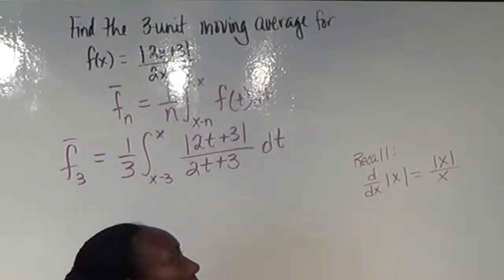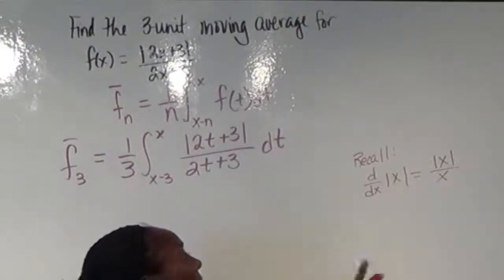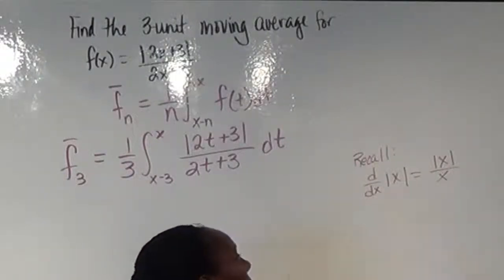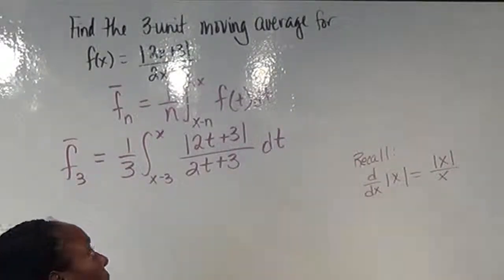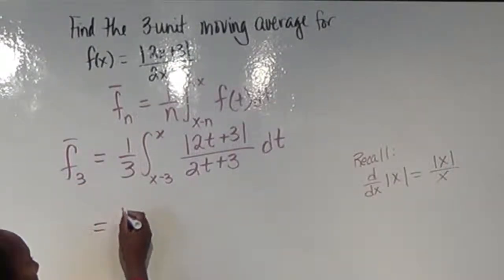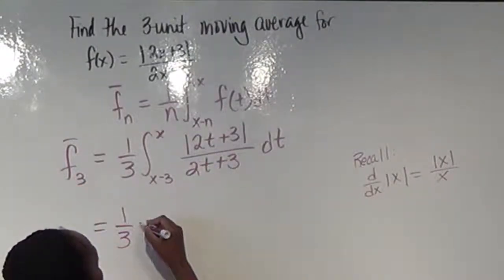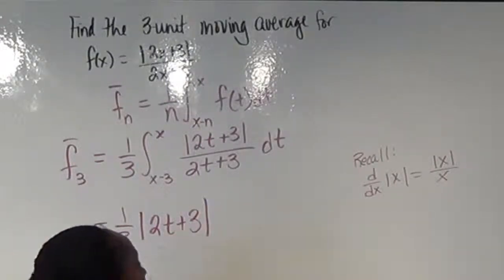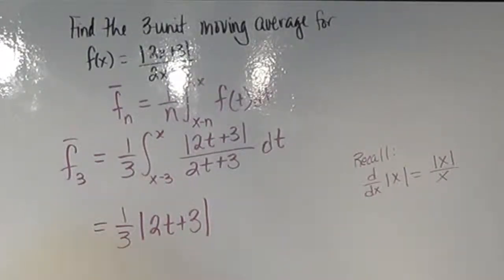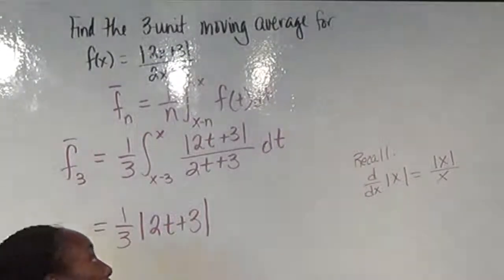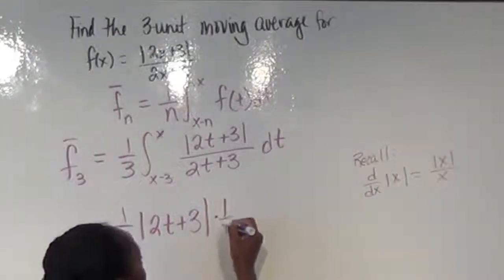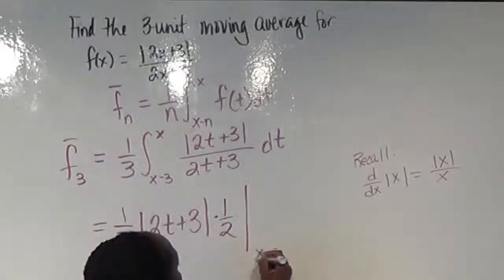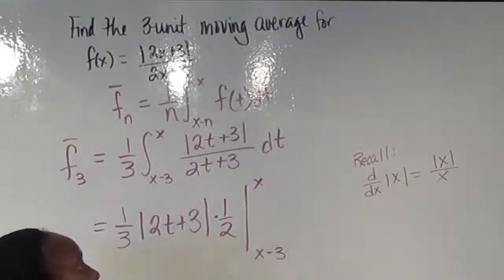And so here, if I want to integrate the absolute value of a function over that function, I get just that absolute value. So here, my antiderivative is going to be 2t plus 3. But notice here I've got something other than just x. So using our u substitution, we'll see we'll also get a 1/2. And we're going to evaluate that from x minus 3 to x.